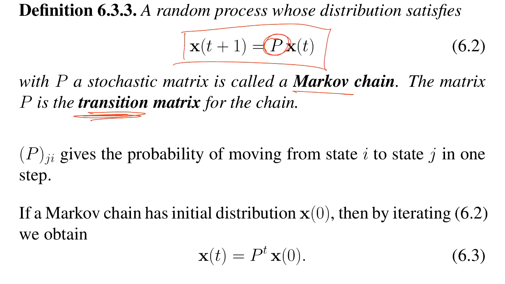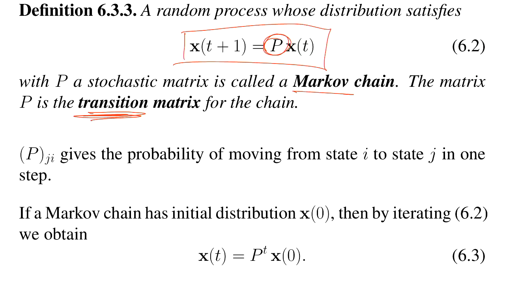And the interpretation of the entries of this transition matrix is that P_ji gives the probability of moving from state i to state j, right? And that seems a little bit backwards, right? It'd be nicer if P_ij was the probability of moving from i to j. And probabilists actually do things in that direction, but then you have to replace everything with the transpose of what we've got.